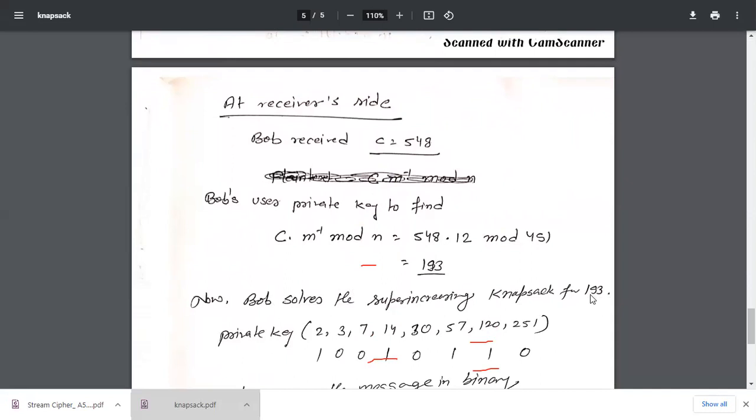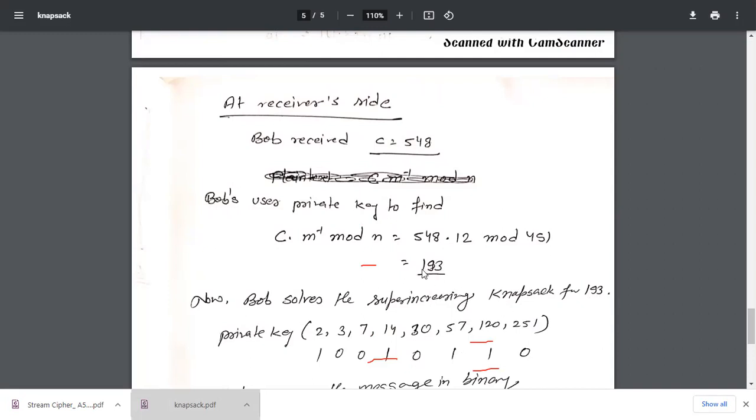So what Bob will do, Bob has the private key, that is the super increasing knapsack, and based on this calculated value 193, we will compare 193 with 251. 193 is less than 251, so the bit should be 0. We can't consider 251 because 251 is greater than 193.